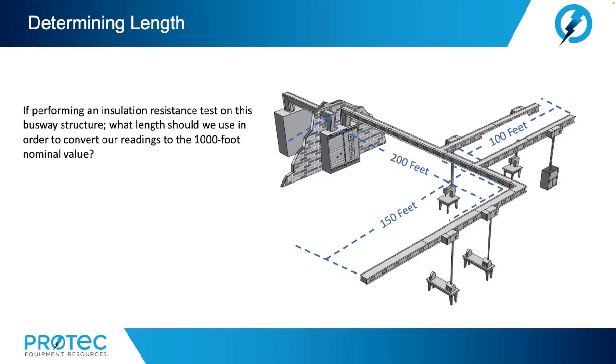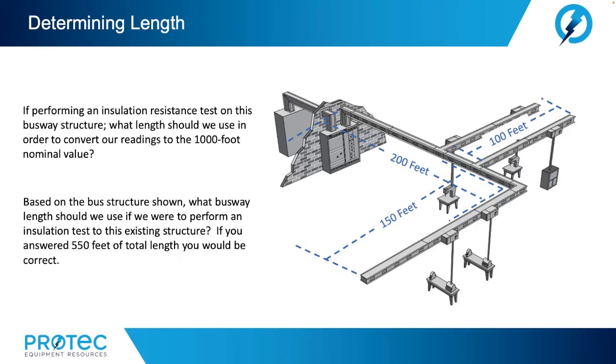We see that coming out, tapped into it, we have two sections of 100 foot. We have a 90-degree turn, which extends another 150 foot. What length would we use if we were testing the insulation resistance of this entire bus structure?